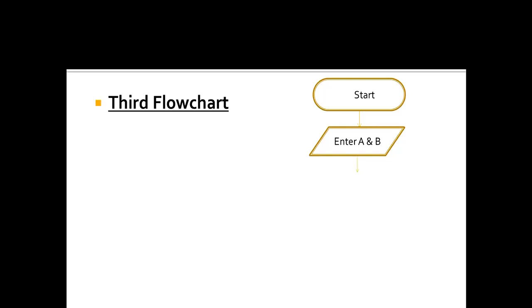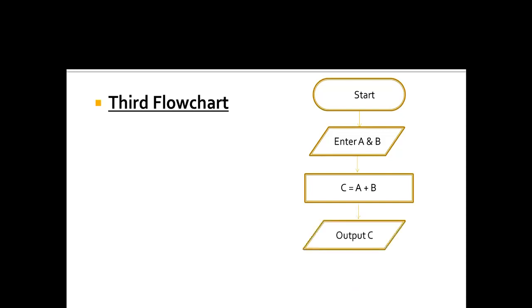Then we're having a rectangle representing the process or the equation, and inside the rectangle, we wrote the equation itself. Now we need to represent the output, so we used a parallelogram, and inside the parallelogram we wrote the word output C. Then we're having the final arrow and an oval shape with the word END to represent the end.